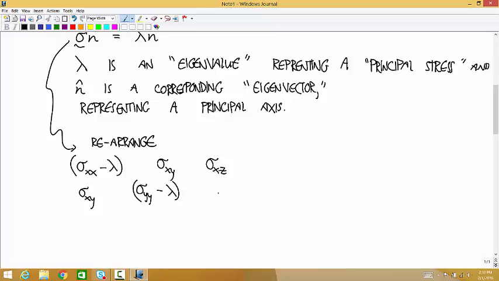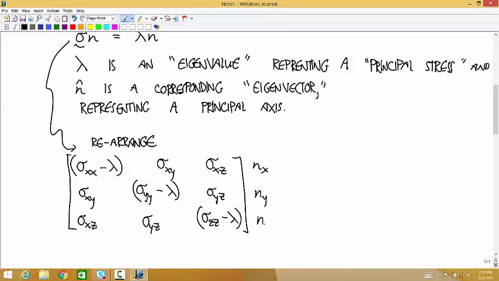Take that minus lambda, and then sigma yz. And then on the z face, you have xz, yz, and zz minus lambda. And this is all multiplied by nx, ny, nz, and it has to be equal to 0, 0, 0.